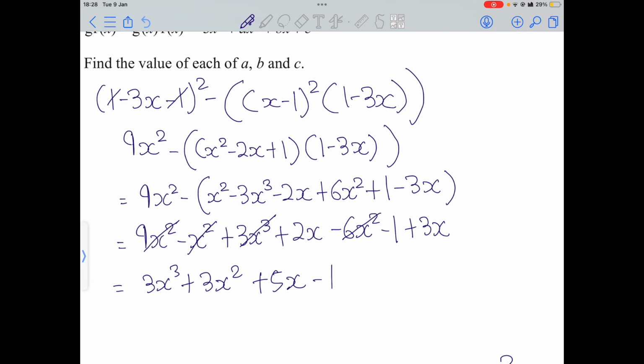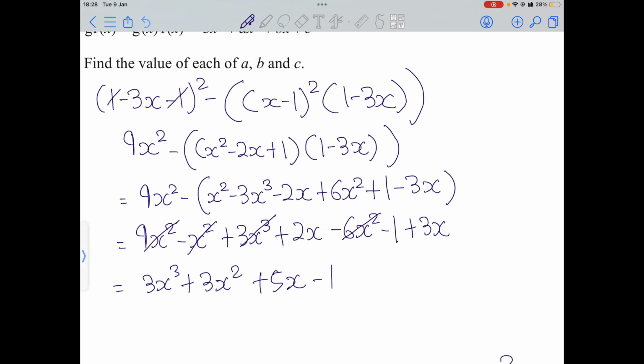When I multiply them both, I get x squared, and then I have negative 3x cubed. Then I had negative 2x. Then I have 6x squared. Then I had 1, and then I have negative 3x. When I put them here, 9x squared, negative x squared, plus 3x cubed, plus 2x, minus 6x. Basically, I'm reversing the signs here. And then minus 1. And then also I have positive 3x.